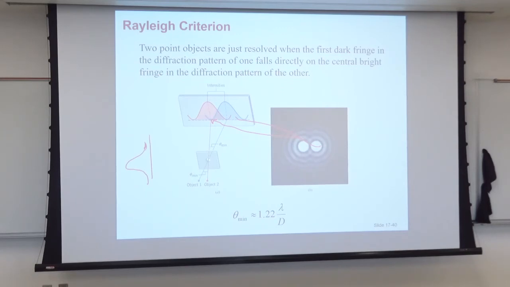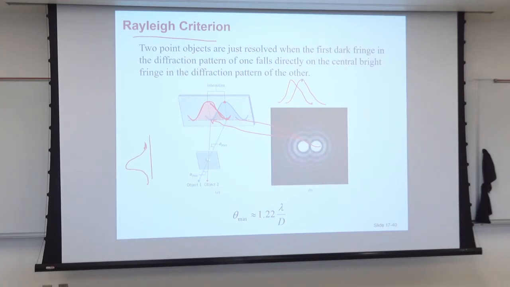Now this Rayleigh criterion says that if the first dark of this one overlaps the bright of this one, then that would still give you the 2 images. That's the minimum criterion to get the 2 distinct images. If they get closer, like that, now this minimum doesn't fall there.